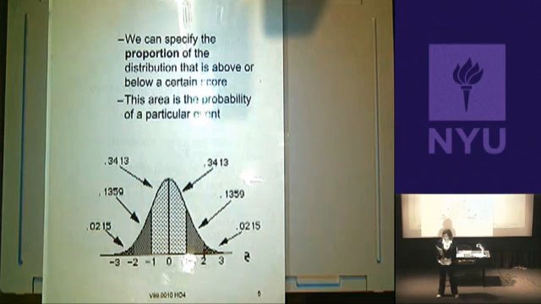Mean of 0, standard deviation of 1. It's a normal distribution. The shape is normal. Because again, not all distributions that are put into z-scores are normal. But if you have a normal distribution with a mean of 0 and a standard deviation of 1, that is a standard normal distribution.